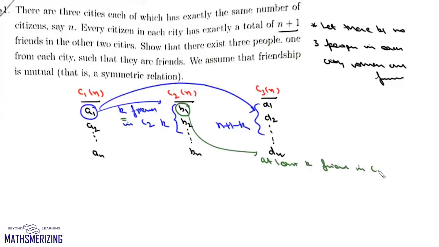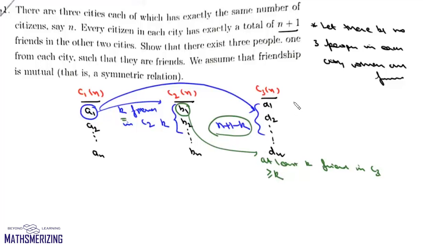in city 3. Now our assumption says there are no 3 people which are friends. So that means if B1 is a friend of A1, then in city 3, no friend of A1 can be a friend of B1. So B1 will have K or more friends in city 3 other than these n plus 1 minus K friends of A1.